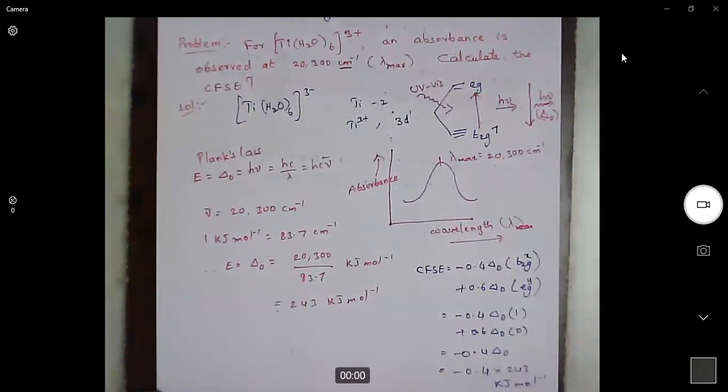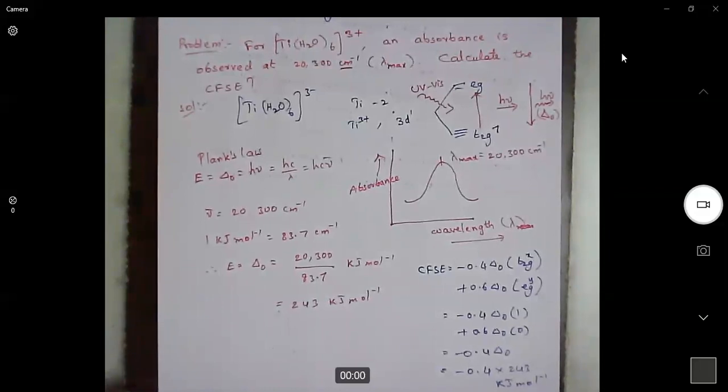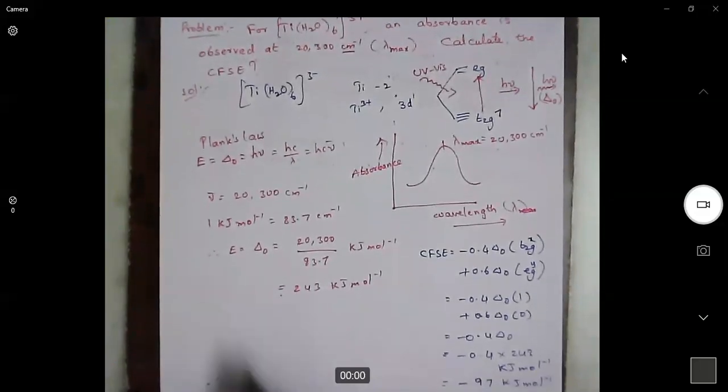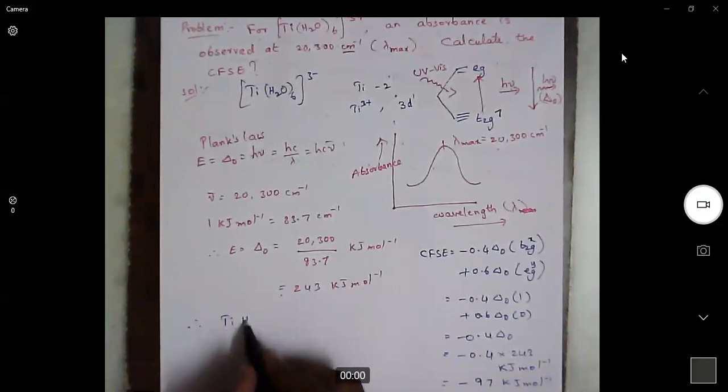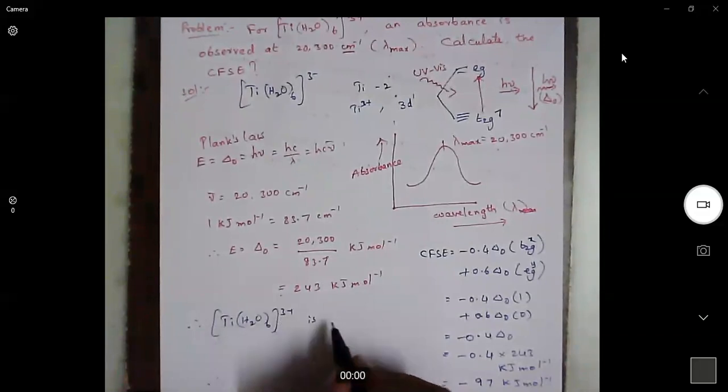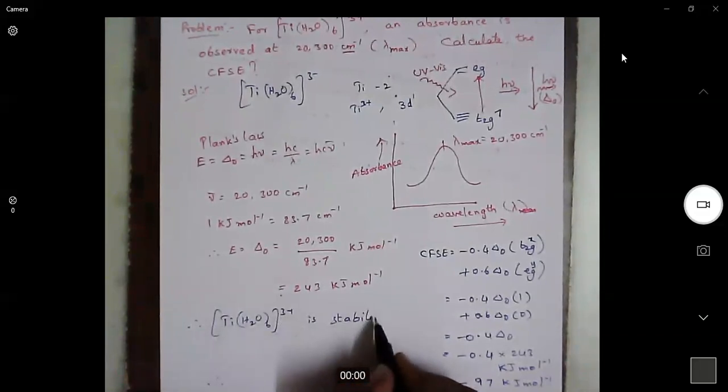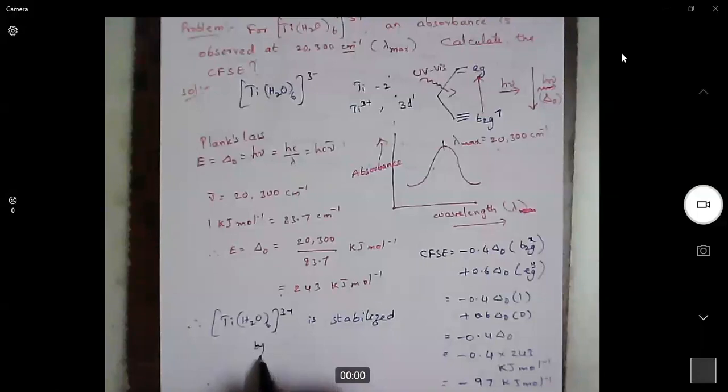So the CFSE in the case of hexa aqua titanium 3+ complex is around 97 kilojoules per mole. Therefore, Ti(H2O)6 3+ is stabilized by minus 97 kilojoules per mole.